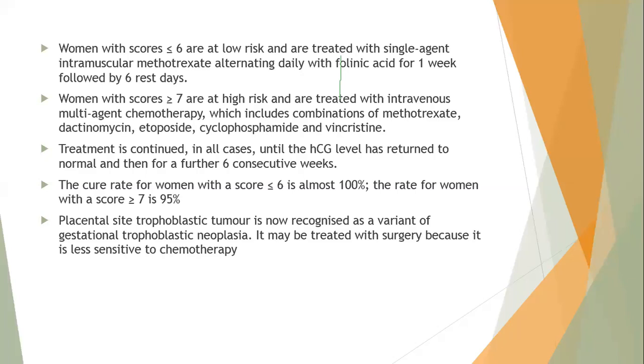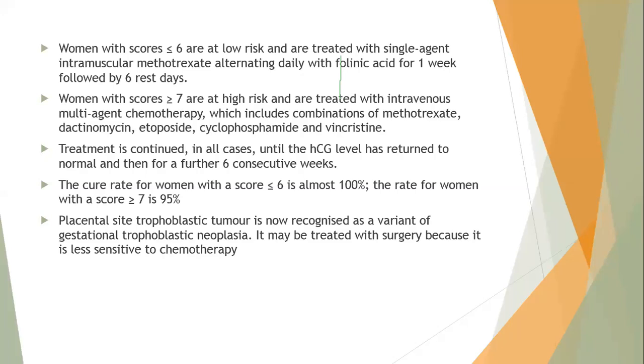So if her score is 6 or less, she will take single agent chemotherapy, which is methotrexate. This day we will give her methotrexate. The next day she will take folinic acid. This for 1 week, and 6 days after this she will take rest.